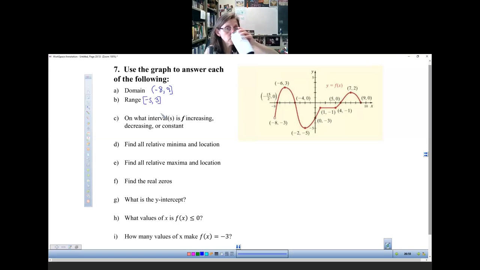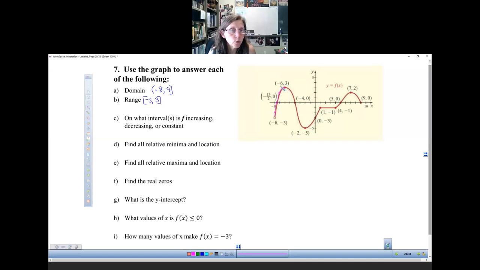Stop me if you need me to. Increasing, decreasing, and constant. So I start here and I follow my graph. Okay, so I follow my graph and it goes up, up, up, up, up, up, up, up, up.